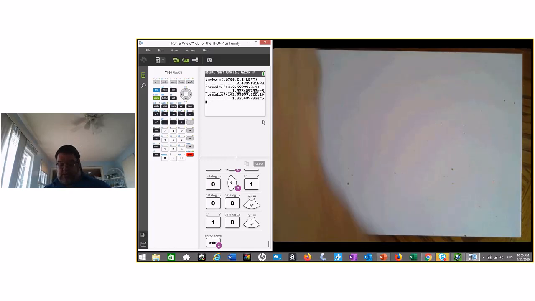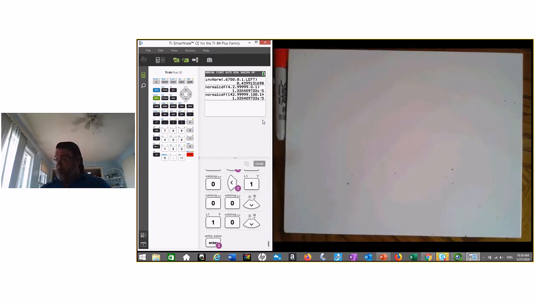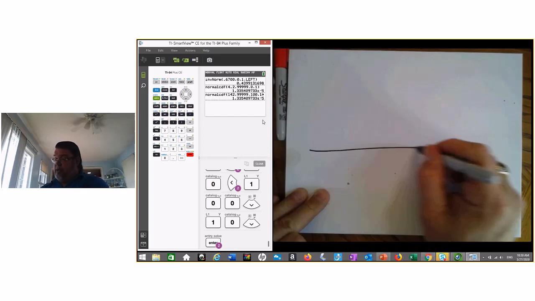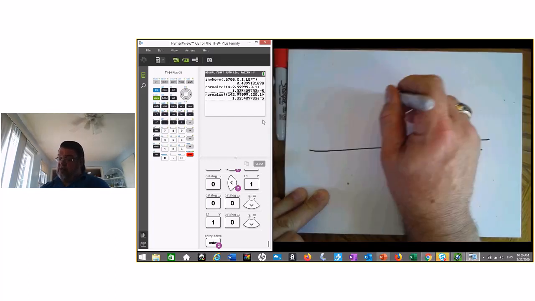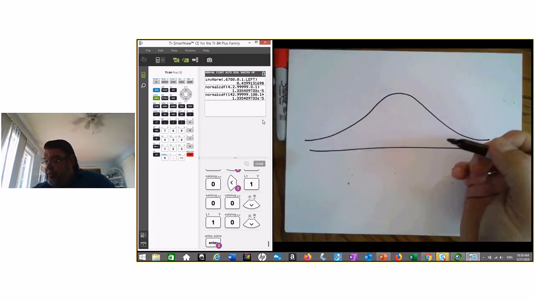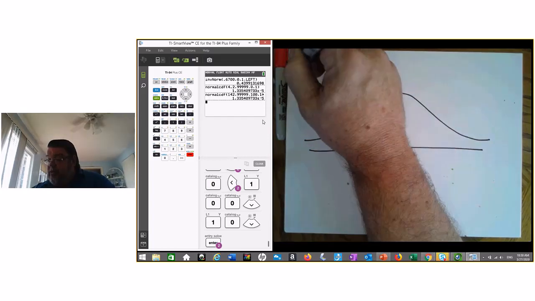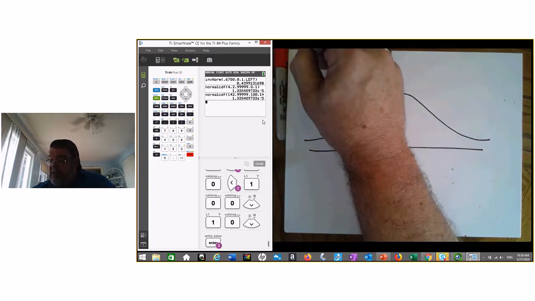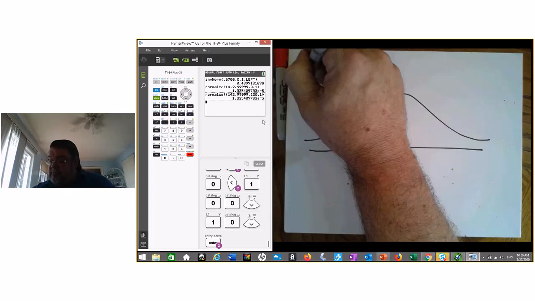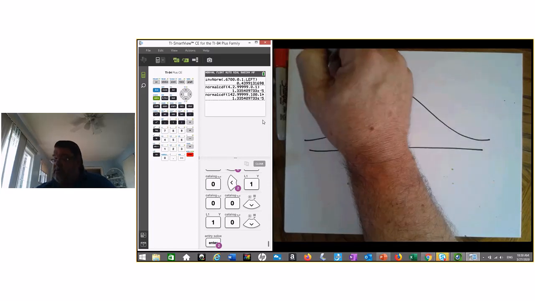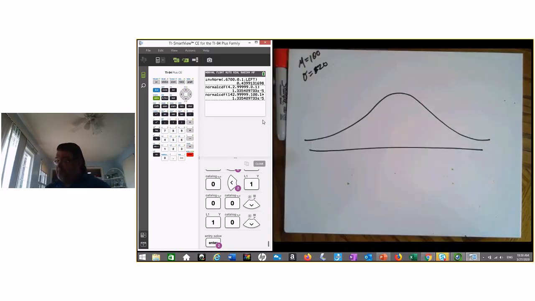All right, so here we go. We'll go ahead and draw the curve. You have a mean of 100 and a standard deviation of 20.